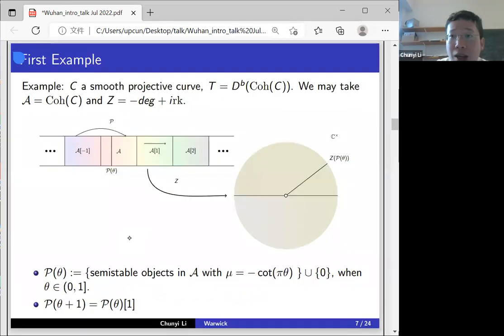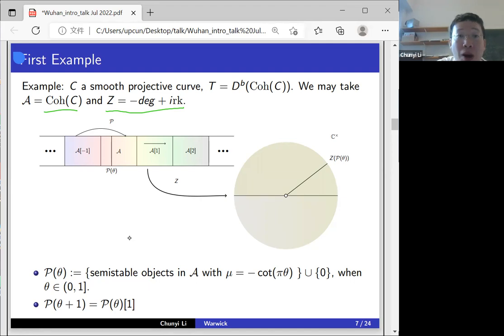We need to see an example right now, and the example is given by this classical one. C is a smooth projective curve. We take the D^b of it, the bounded derived category of the curve. We can just take the standard heart on this curve, okay? And also the classical slope function.